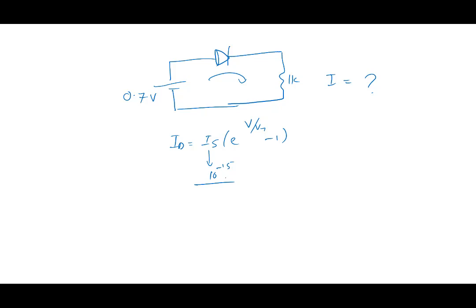Iterative method. So where would you start? If you start with 0.7 you get 0. You can't start with 0.7. So what will you start with? Obviously something less than 0.7, right?